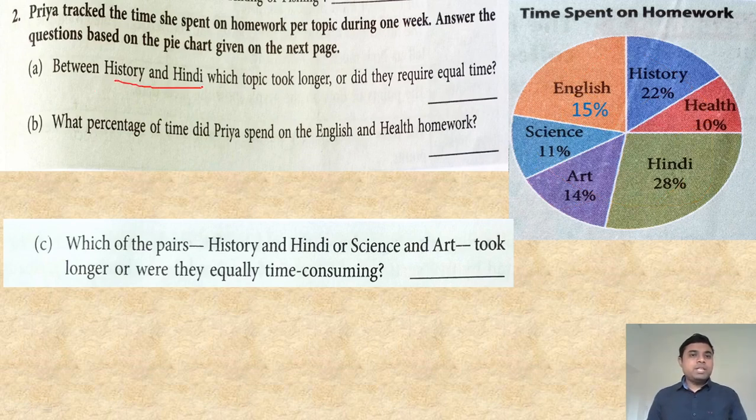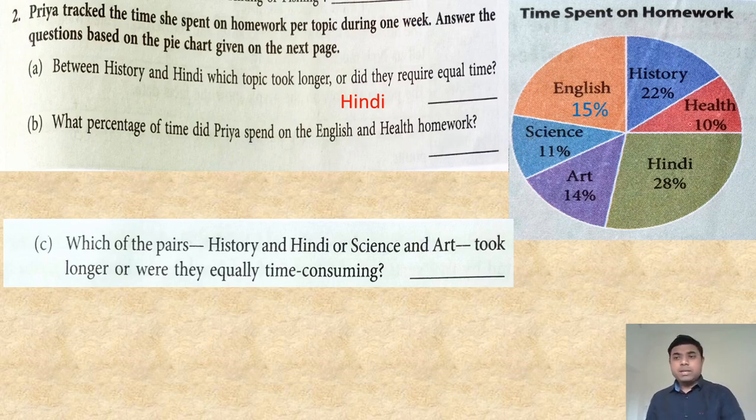Between history and Hindi, which topic took longer, or did they require equal time? So just see, history 22% and Hindi 28%. So which topic took longer? Obviously Hindi. So write the answer, Hindi. Next, B. What percent of time did Priya spend on English and health homework?